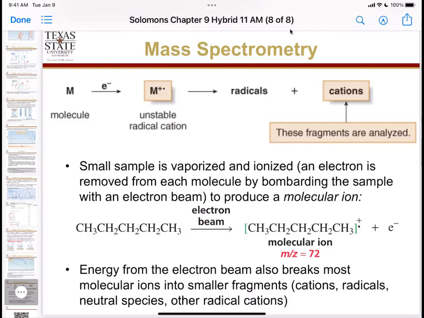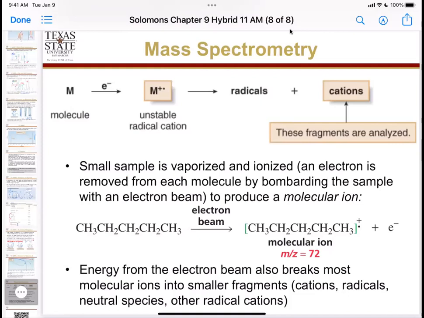Now, when they have it as this positive radical, they can separate them by mass, because of the number of charges per unit mass. Then you can figure out that this fragment is higher mass than that fragment. They decompose, and these are the fragments that are actually analyzed.